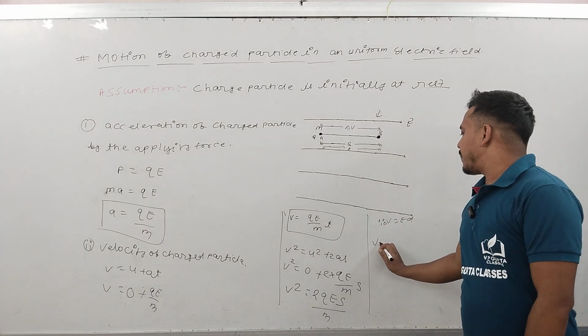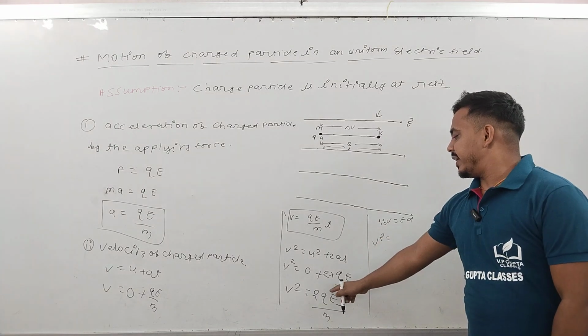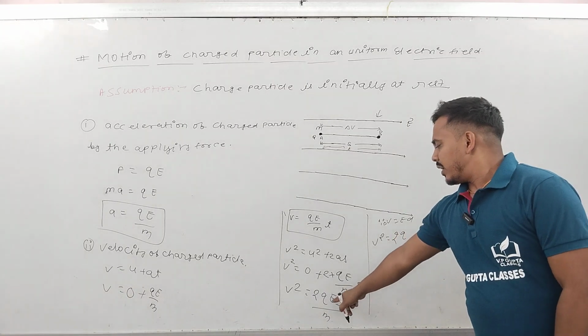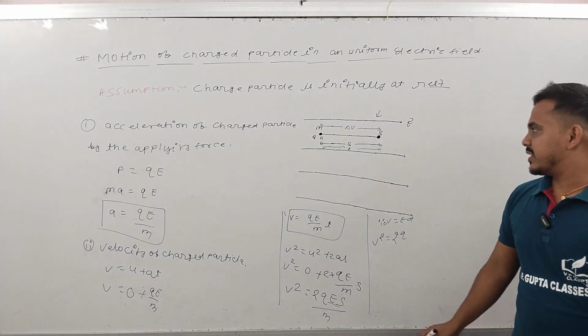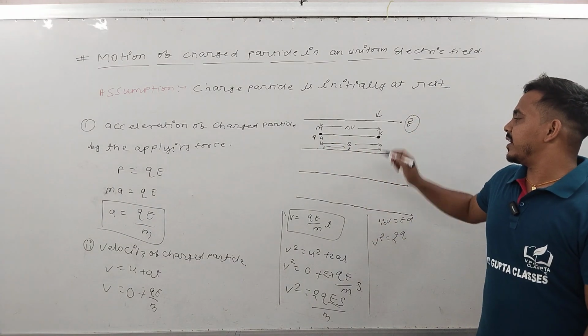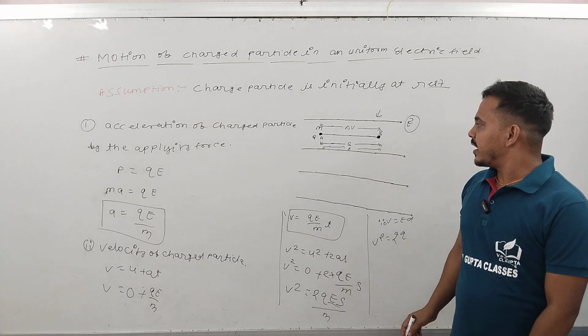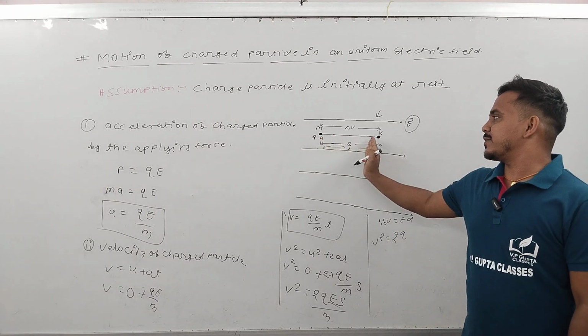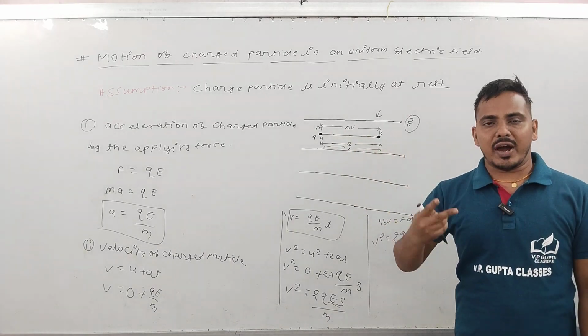So we apply this formula, then 2q and Es. What is Es? Here E is the electric field intensity, and s is the distance between the two points.